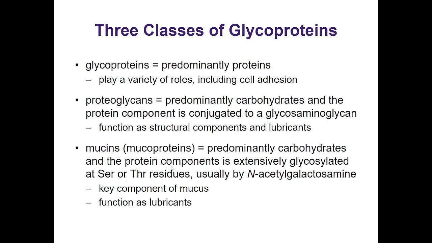Notice these two are kind of similar, but they have an important difference, right? Very important structural difference. Okay, this is actually your key component of mucus, as you probably figured from the name, right? Mucoproteins. They function typically mostly as lubricants, which is what your mucus largely functions as.